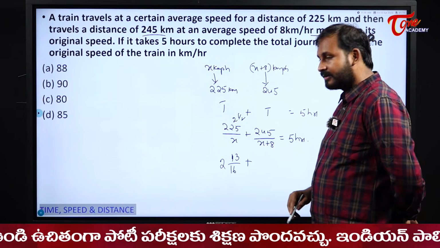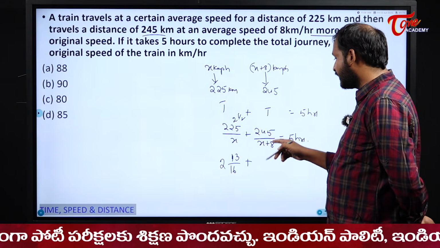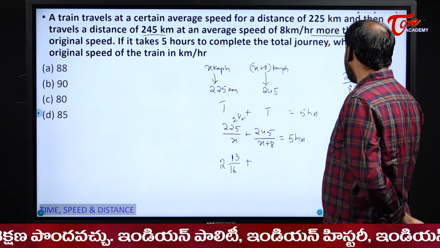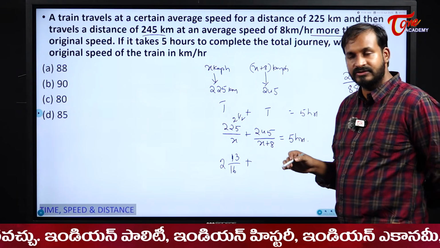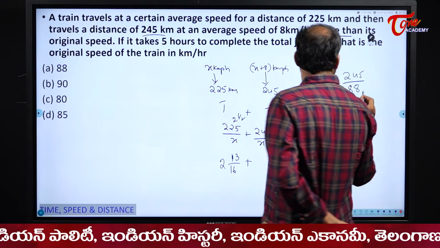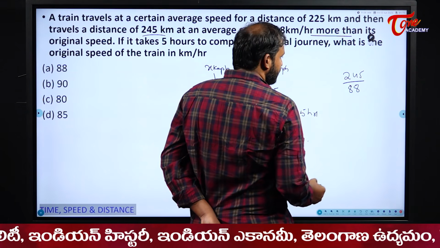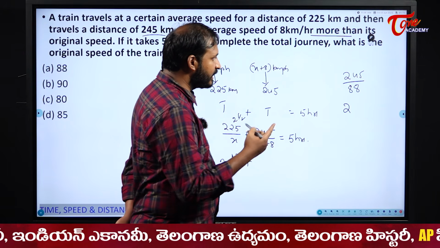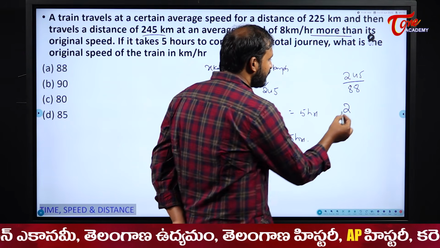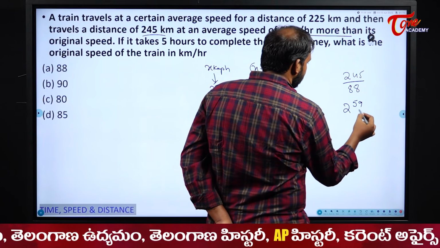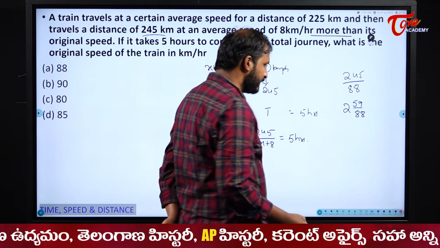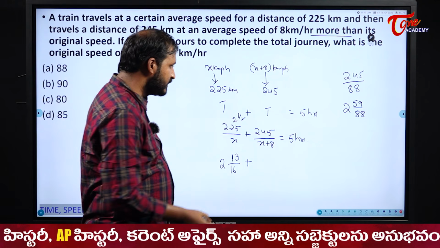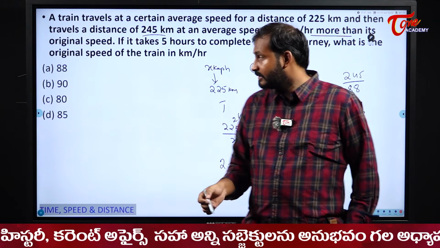So 2, 13 by 16 plus 245 by 88. 176 means 2 times. I will be left with 14 and here 45, means 59 by 88. Are they cancelable? No, those two are not cancelable. Still I am not getting 5 hours of time.